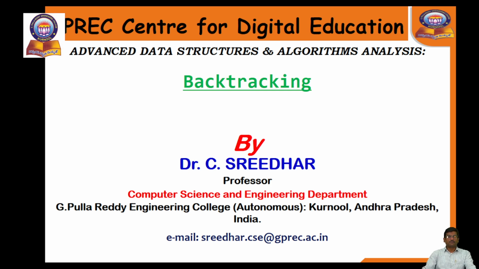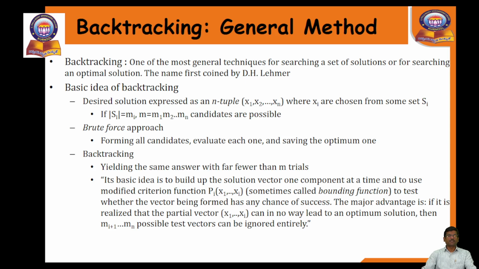Coming to backtracking, backtracking is one of the most general techniques for searching a set of solutions or to search for an optimal solution for the given problem. The name backtracking was first coined by D.H. Lehmer.